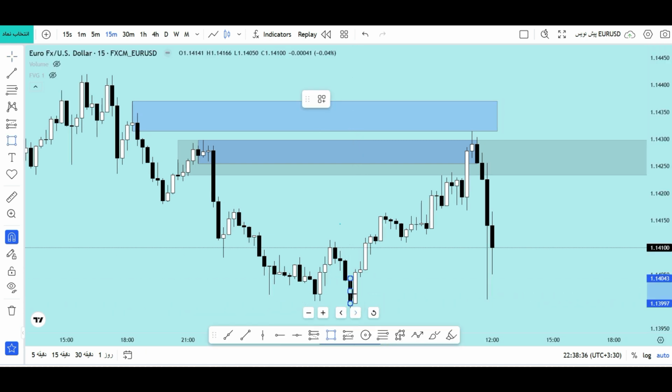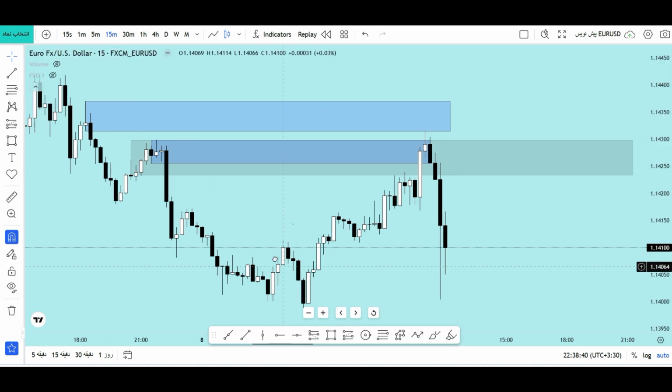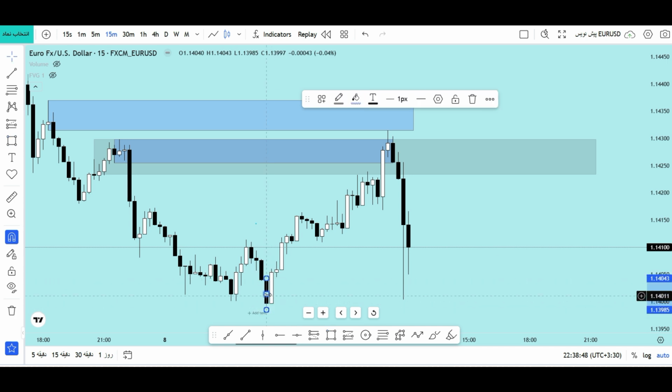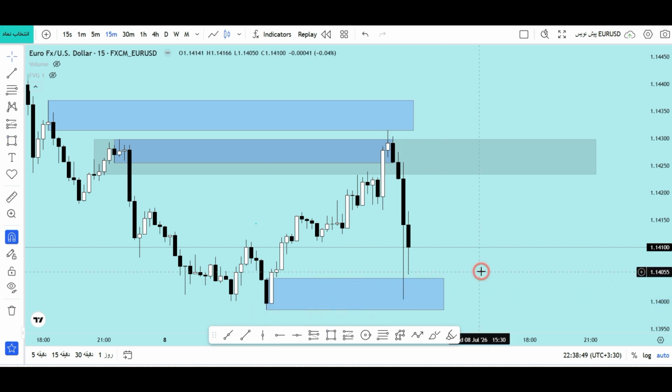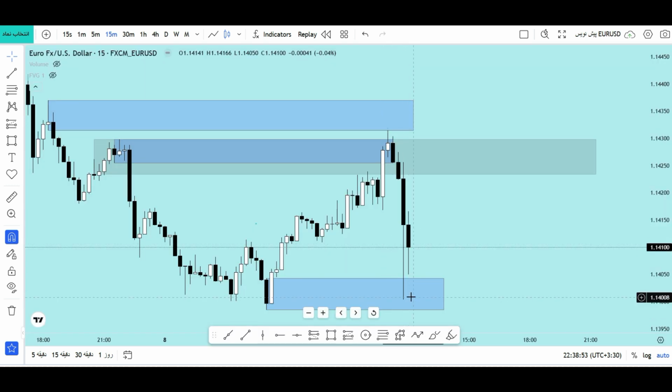This is our danger zone. Price had a very fast reaction to this area.